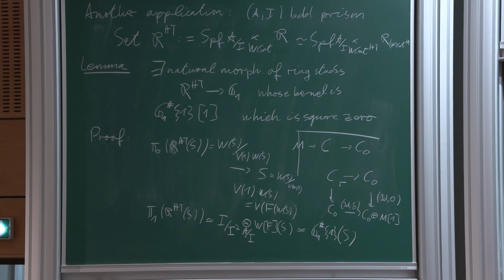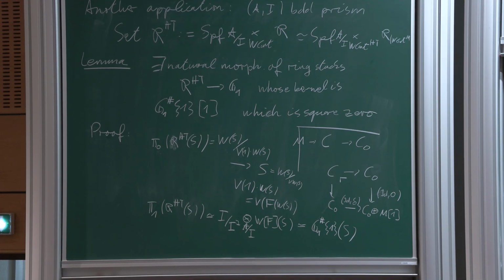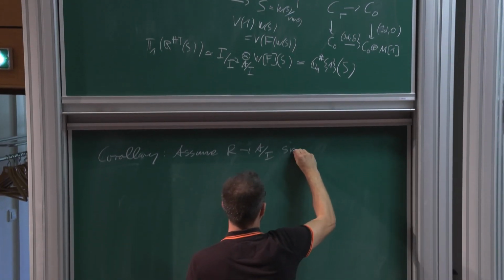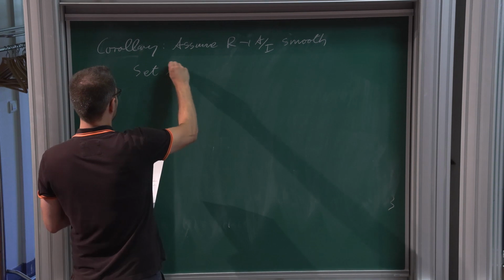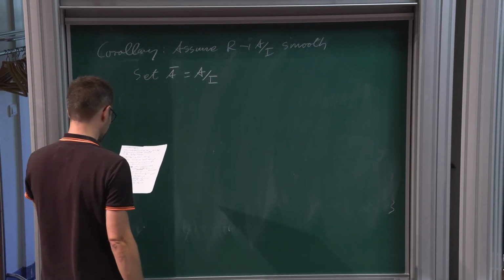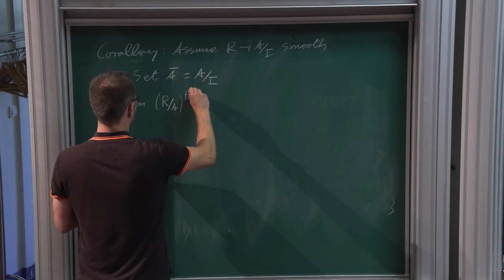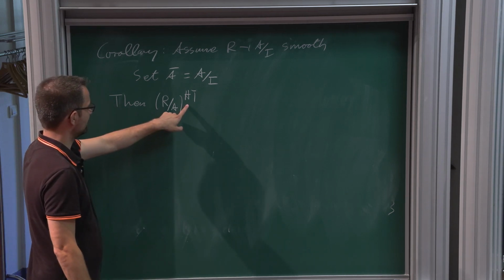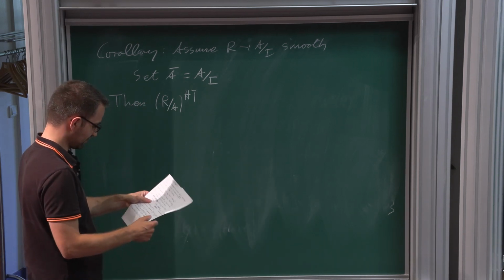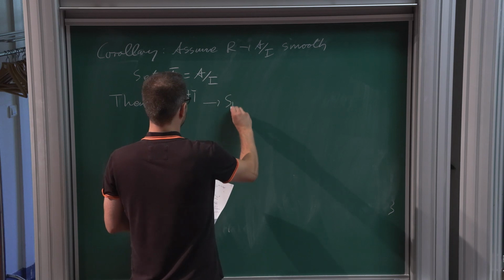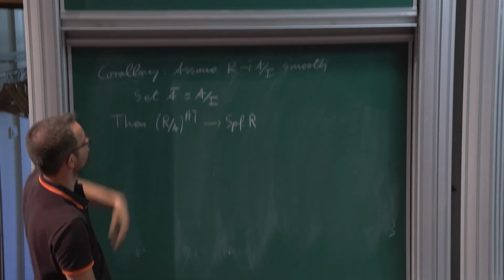And so the corollary is now the following. Assume R to A mod I is smooth, and let me set A bar to be equal to A mod I. Then the relative Hodge-Tate prismatization of R over A, meaning restricting the relative prismatization to the Hodge-Tate locus, maps to the Spf of R, just because one has this morphism of R Hodge-Tate to G_a.